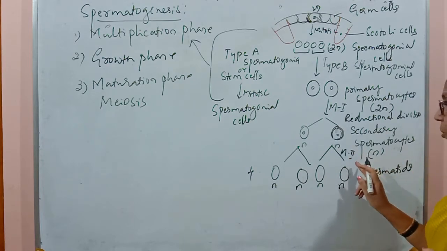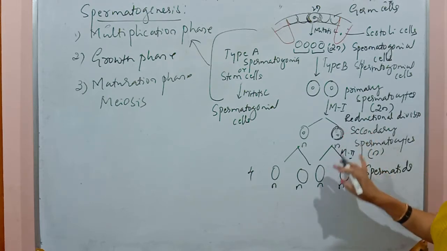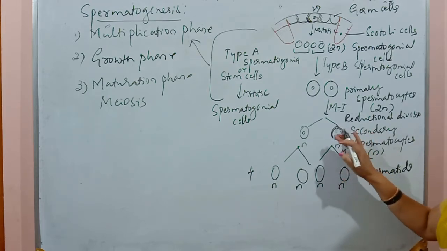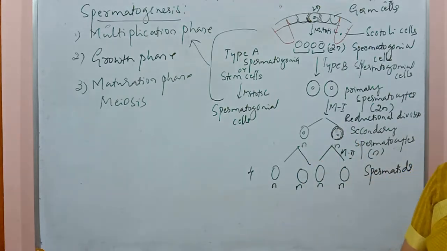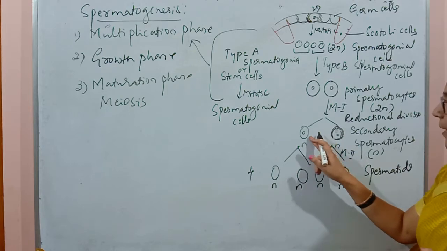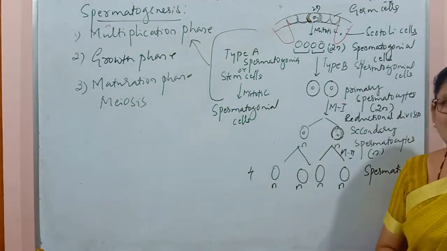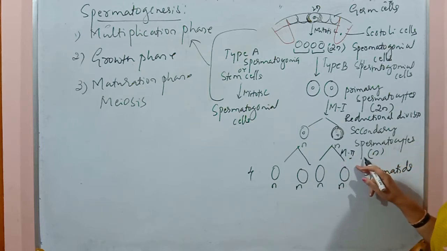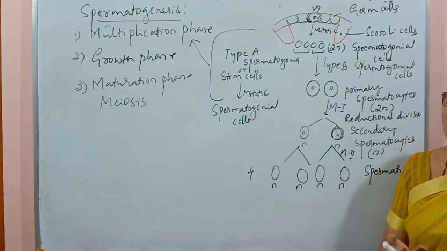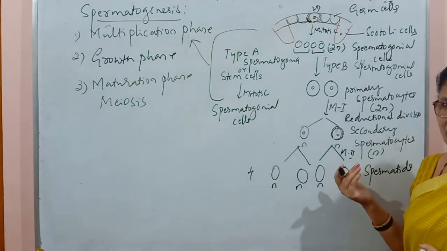Hence the meiosis 2 division is called the equational division, meaning the chromosome number of the daughter cell is the same as that of the parental cell. There is no change in chromosome number between the parental cell and the daughter cells. So the same number of chromosomes is retained in the daughter cells. Hence this division is called the equational division, which is also similar to the mitotic division.